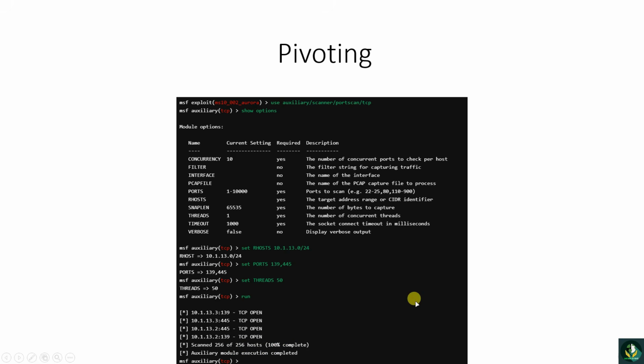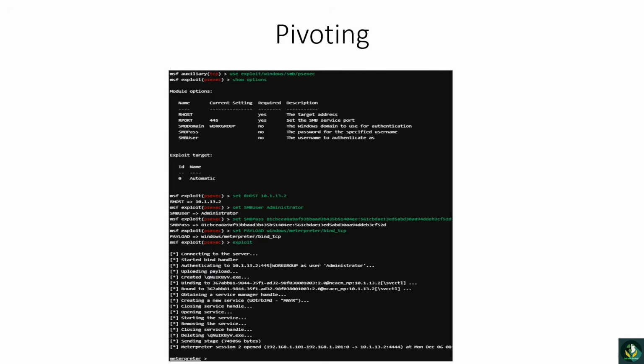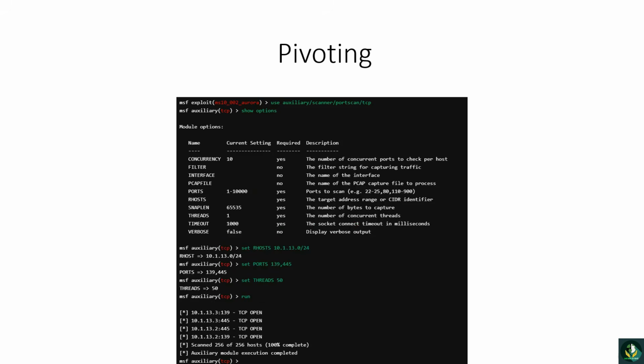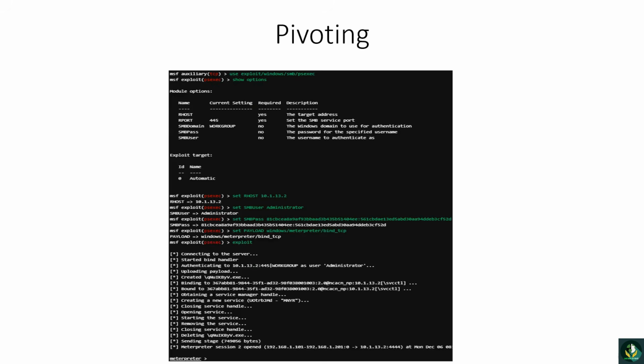Auxiliary module execution is completed. So we have discovered an additional machine on this network with ports 139 and 445 open, and we will try to reuse our gathered password hash with the exploit module.